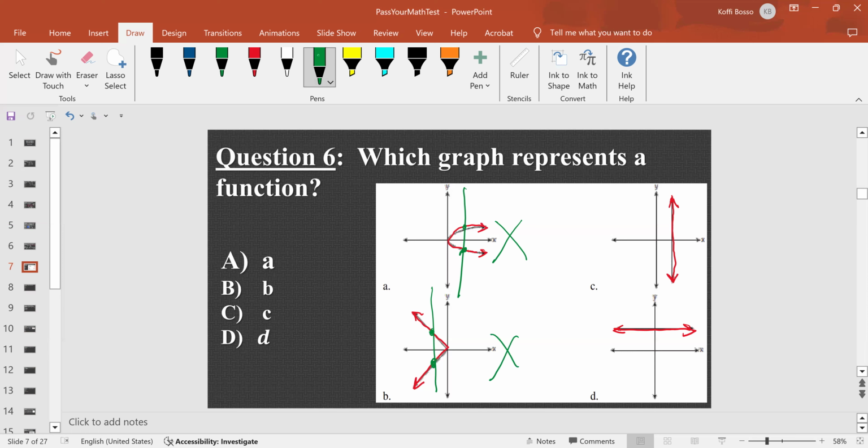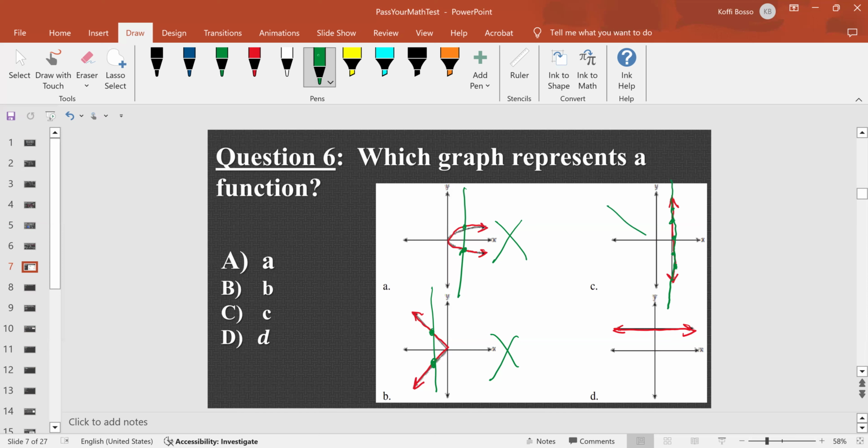Understand that in C, the vertical line is telling you that the graph has many points, aligned vertically to make this vertical line. So if I draw a vertical line through this vertical line, it crosses many points.